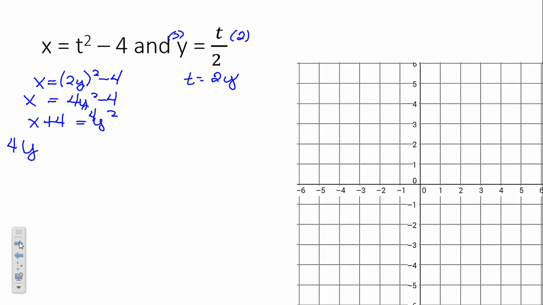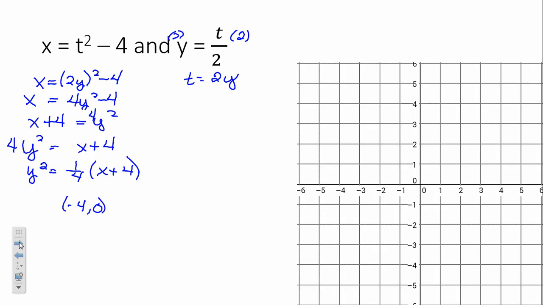So 4y squared equals x plus 4. And then when we get that y squared by itself, we would take 1/4 of the right side. That looks better. Okay, so what's our vertex? -4, 0.